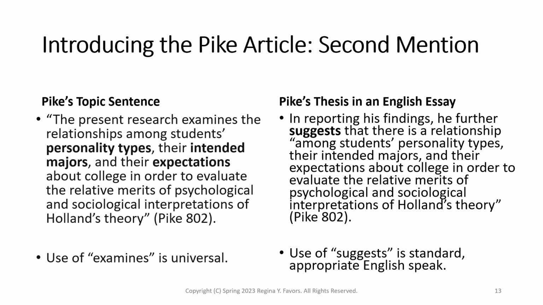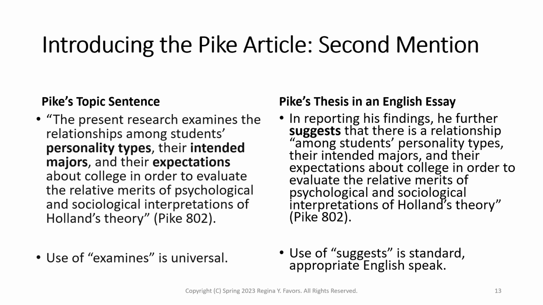When we look at Pike's thesis in an English essay, there is the use of suggest when you see his findings: my recent findings suggest. It's typically a word that we might use in English more than you would see in psychology or any other non-literary disciplines, because what we are suggesting is not necessarily concrete.